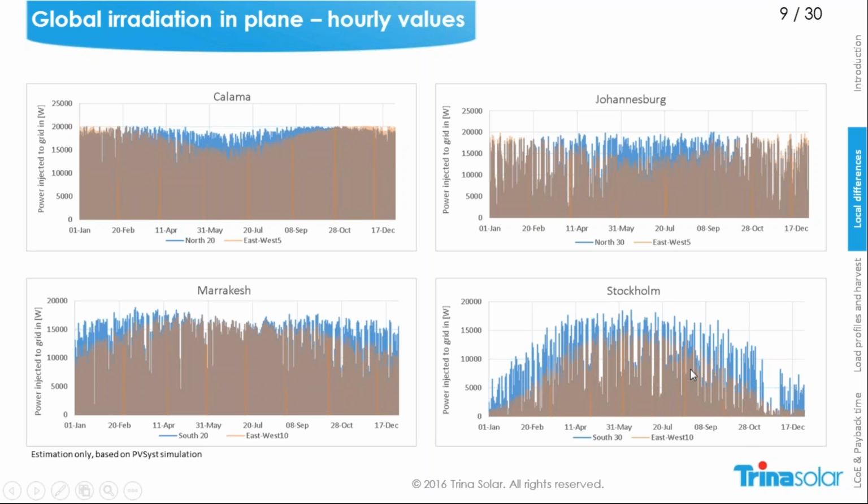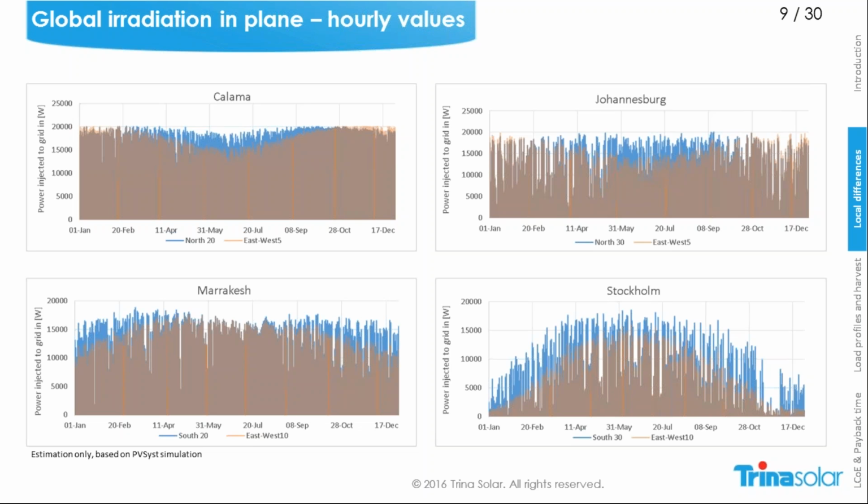If you now take a look at Stockholm, here you can see that east-west is really difficult, because the difference between the south-orientated system and the east-west system is fairly big.